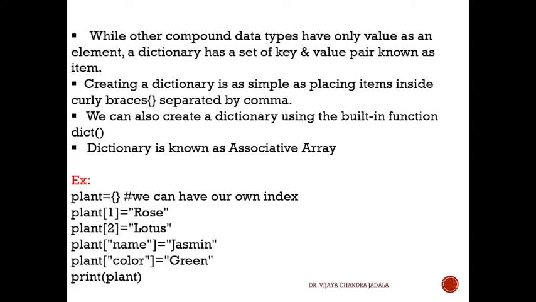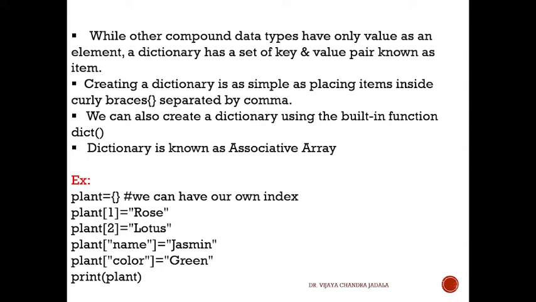While other compound data types have only a value as an element, a dictionary has a set of key and value pairs known as an item. Creating a dictionary is as simple as placing items inside curly braces, separated by commas.